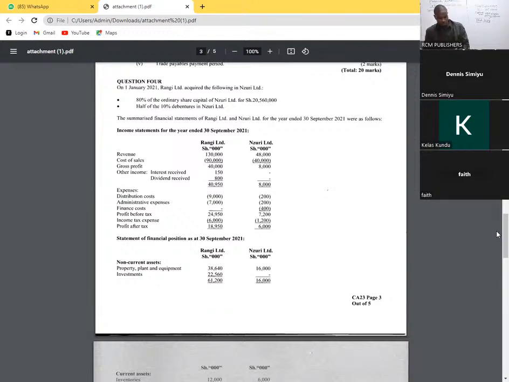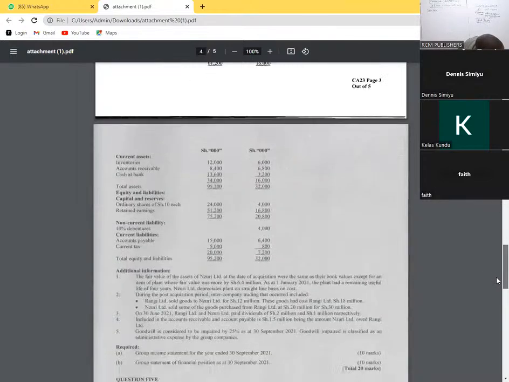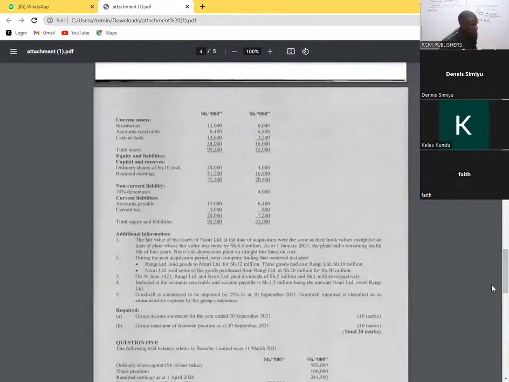Then we have the statement of financial position as at 30th September 2021, up to where we have the total equity and liabilities. Then we have some additional information there.